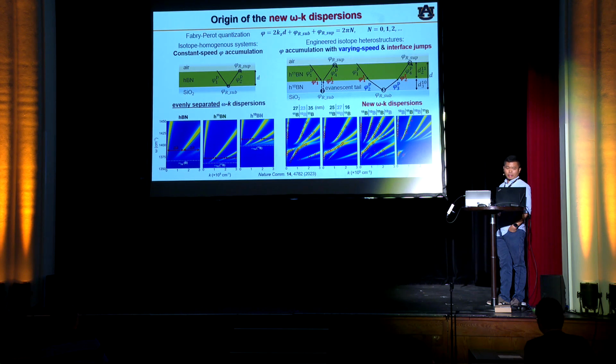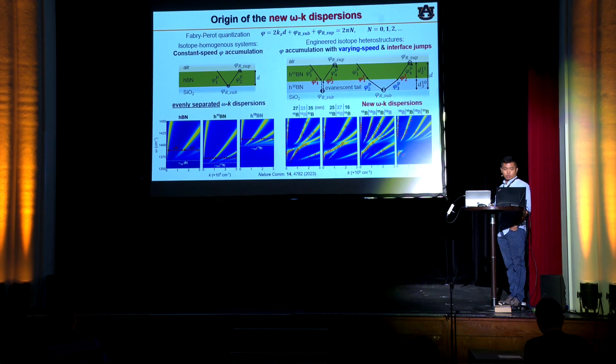this momentum space. However, if you build these isotope heterogeneous systems, you're going to have this bent zigzag propagation path. That means your phase accumulation speed will vary in different regimes. And in addition, you will have these phase jumps because of this evanescent tail and also the transmission through different isotopes at these isotope interfaces.